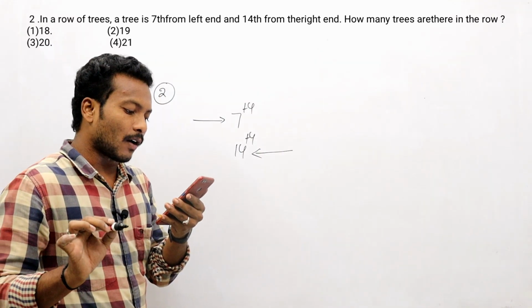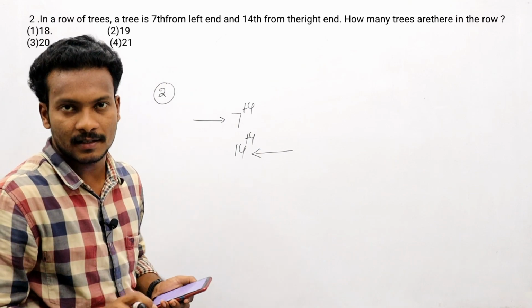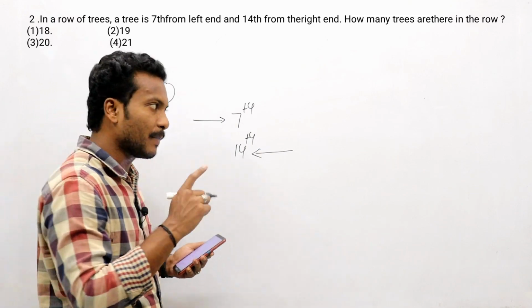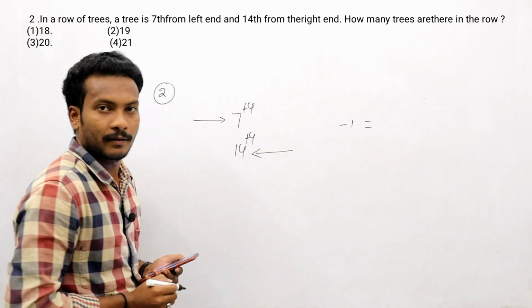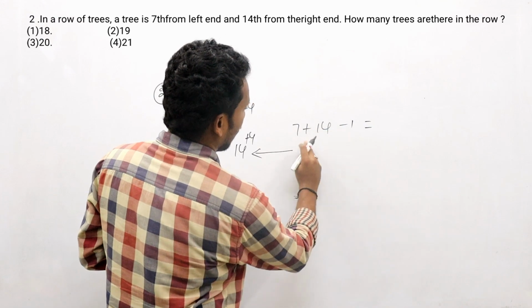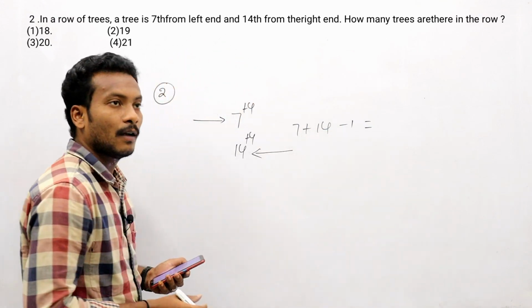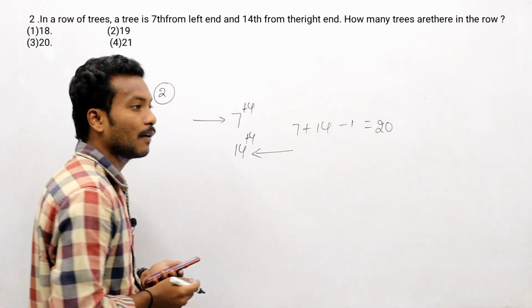How many trees are there in the row? For this type of question we are finding a number of trees. For number of, we always take minus 1. So 7 plus 14 minus 1. 7 plus 14 is 21. 21 minus 1, you get the answer 20.